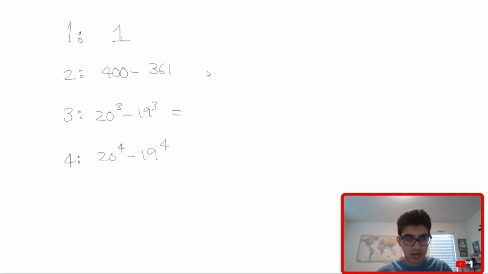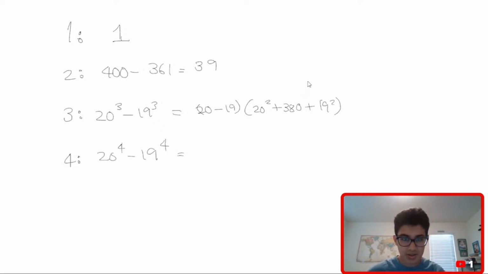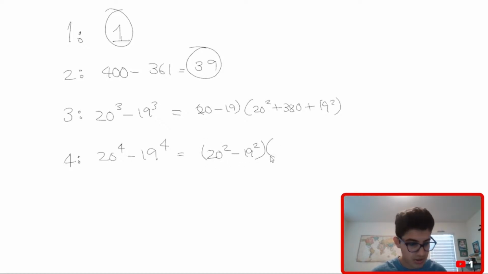I guess we could have written it like that as well. This is equal to, we can do an expansion here. This is obviously just going to be 39. Okay, not bad. This one is 20 minus 19 times 20 squared plus 380 plus 361, which is 19 squared. So we've got 1, we've got 39. Over here now we've got 20 squared minus 19 squared, which is 20 squared plus 19 squared times 20 minus 19 times 20 plus 19.